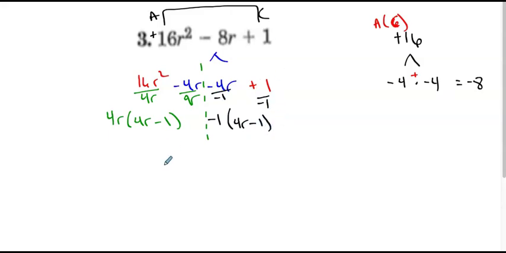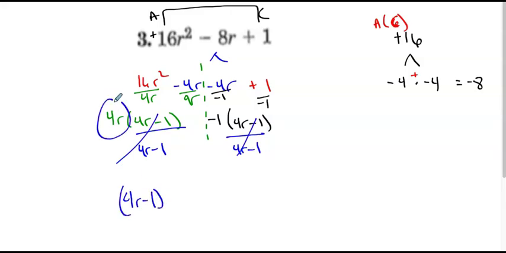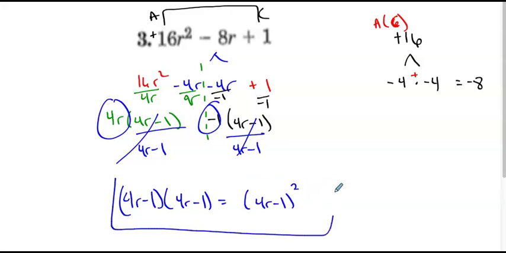And now I have 4r minus 1 here, and a 4r minus 1 here, which I'm going to factor out from both of these, and I'm left with 4r minus 1. And what's left? Another 4r minus 1, or the quantity of 4r minus 1 squared. And either one of those are the answer.